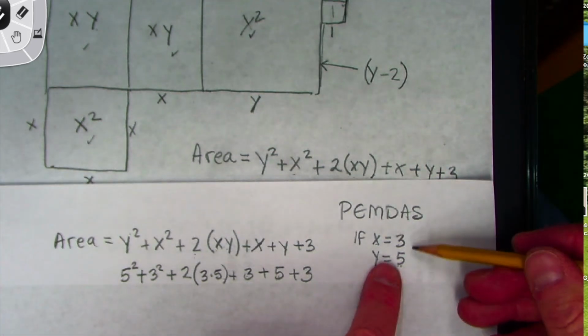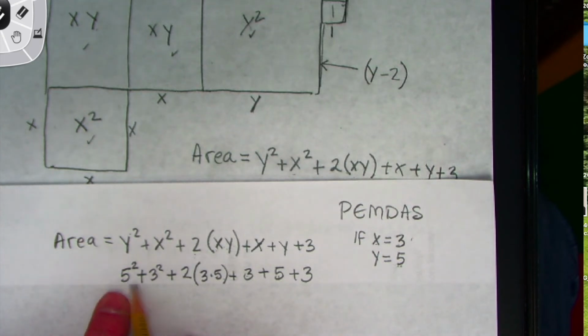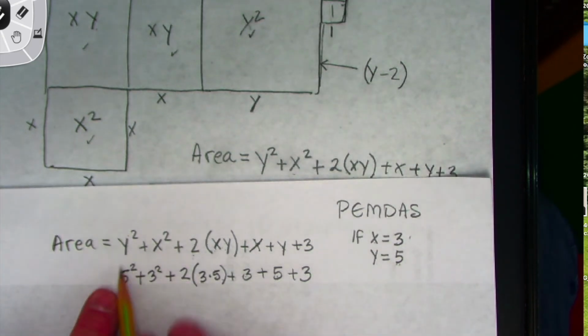So every x, we substitute a 3. Every y, we substitute a 5. And the exponents get attached to it.